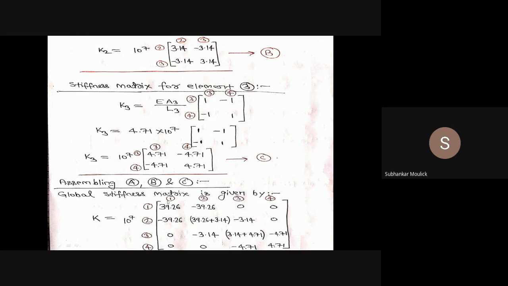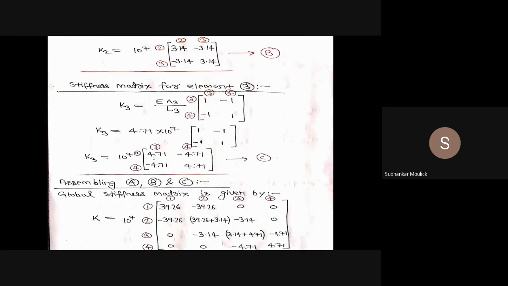The numbers I have encircled with pen outside the matrix represent nodes. That means the first row is the first node, the second row is the second node, the first column is the first node, the second column is the second node, and so on. So just assemble.